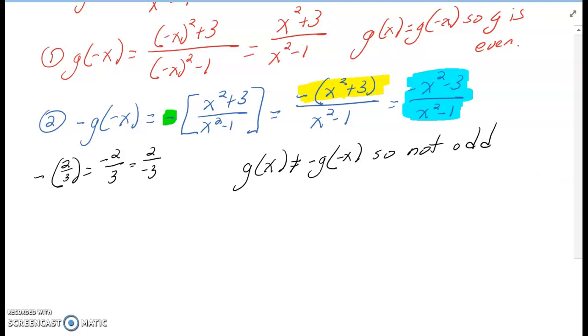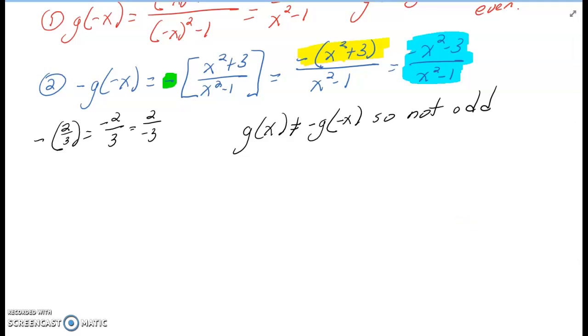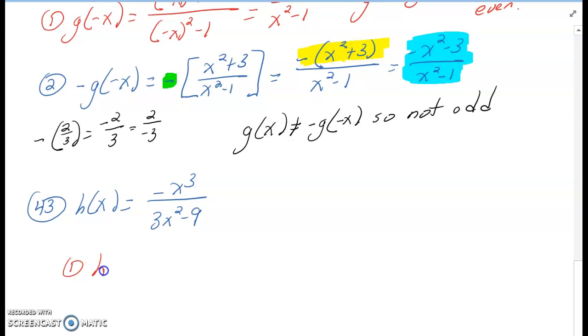All right, I think we're going to do maybe one more example here. We'll do number 43. So problem number 43 says h of x is negative x cubed over 3x squared minus 9. So step one, I'm going to calculate h of negative x.